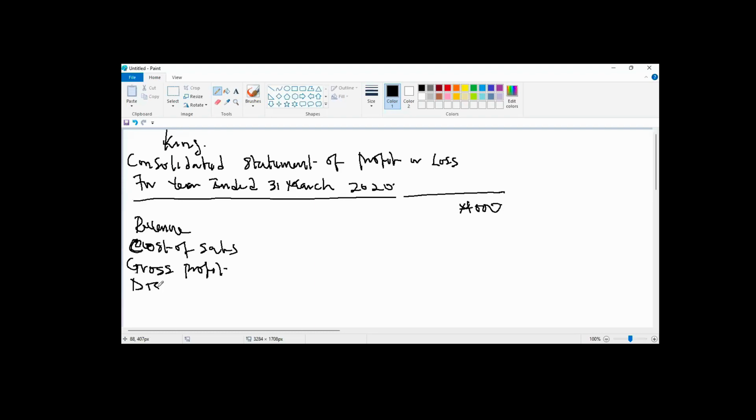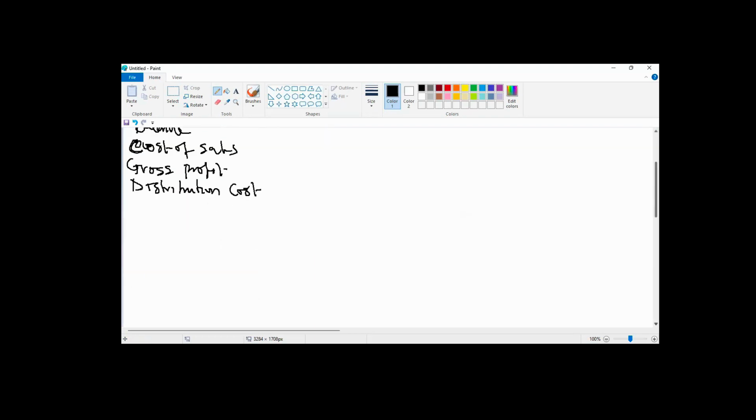Distribution plus admin expenses. Oh, he has investment income. Before the finance cost, I will now say share of associates' profits.